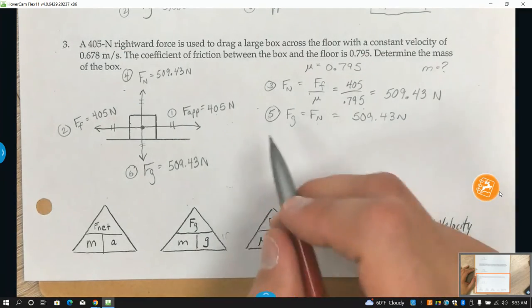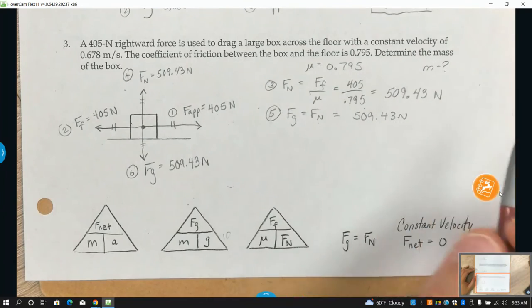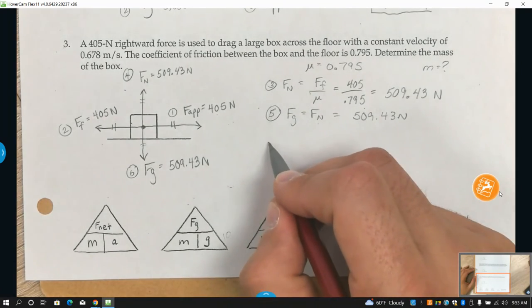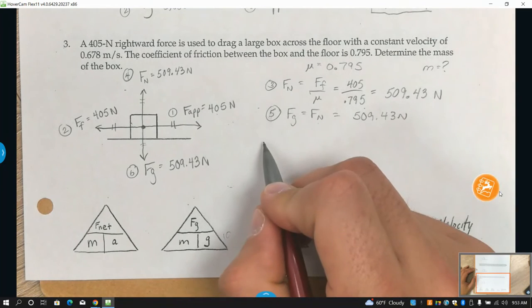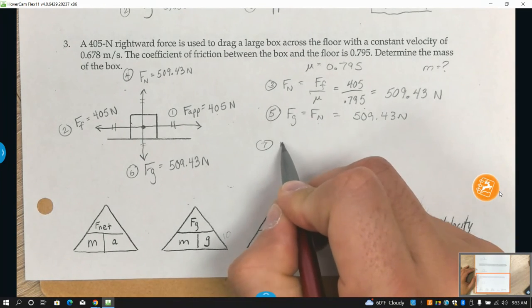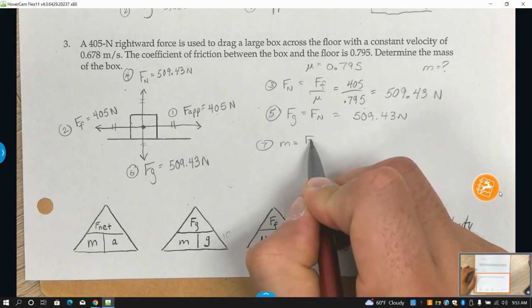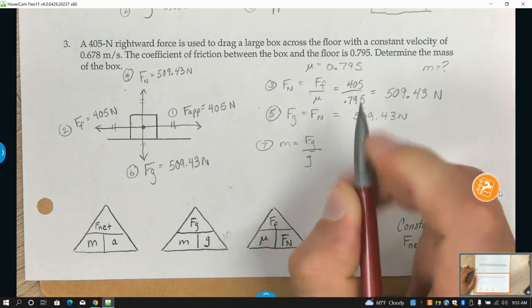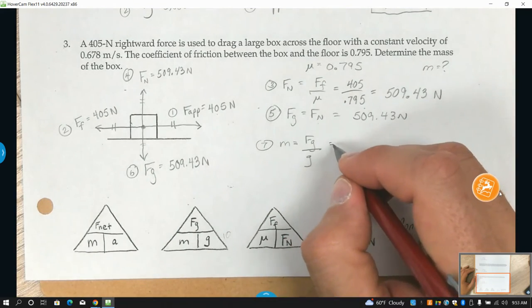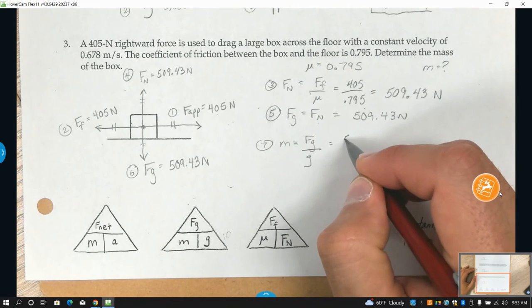And now I can find the mass here. Okay, so now I can find m. This will be the 7th step. m will equal, all right, gravitational force over gravity itself. So we're using 10.